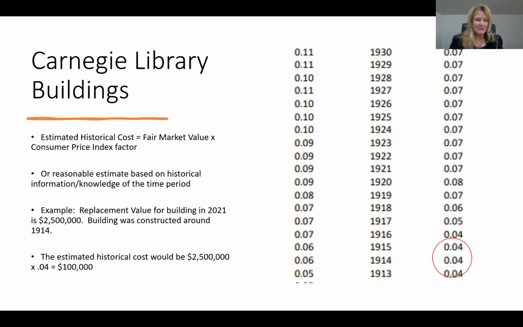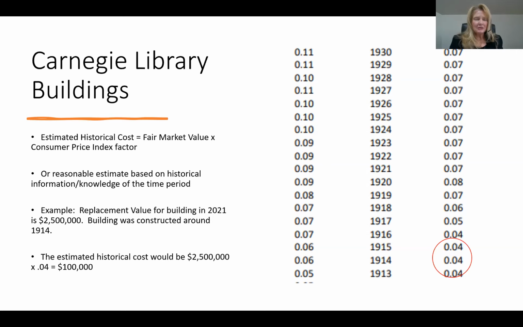Just remember, again, estimated historical cost, and it can be estimated, is fair market value times that consumer price index factor, or a reasonable estimate based on historical information or knowledge of the time period, which you may have at your library.